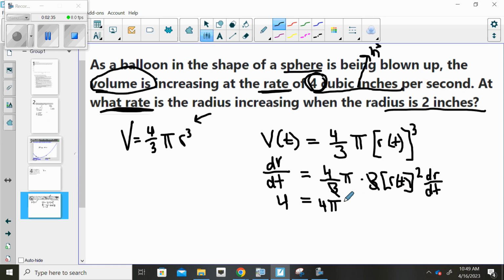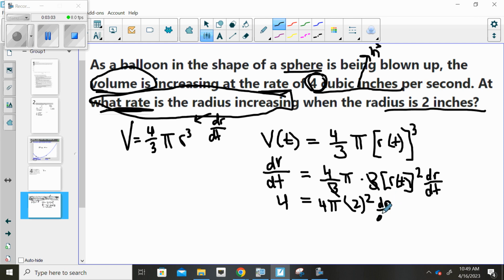And then radius at time t, so that is the 2, right? So we've got 2 squared. And then dr dt, so we're asked at what rate is the radius increasing. So we're being asked for dr dt.